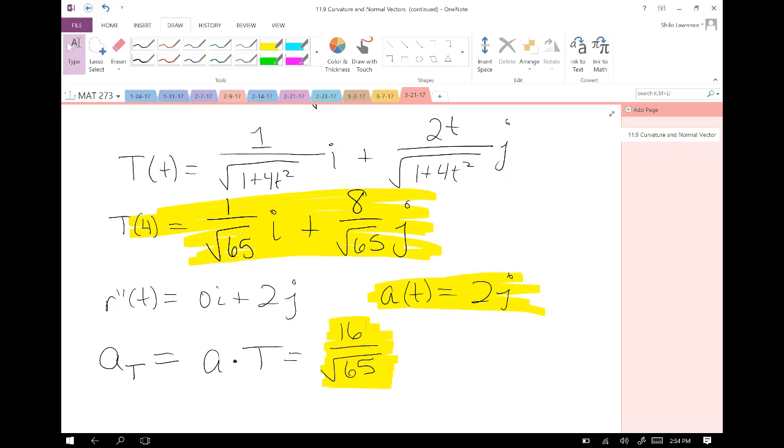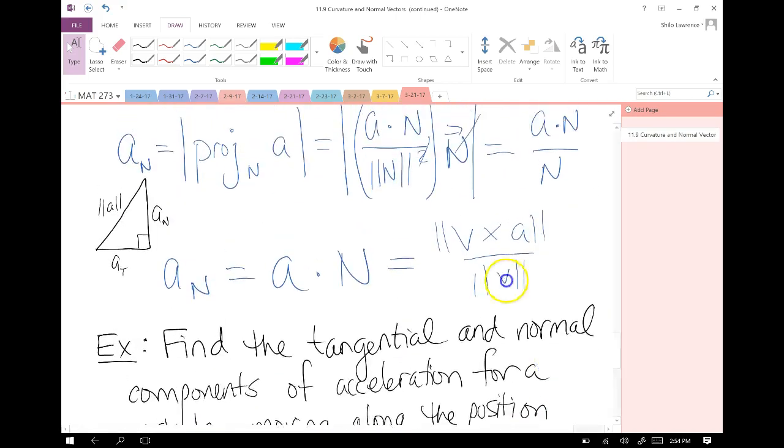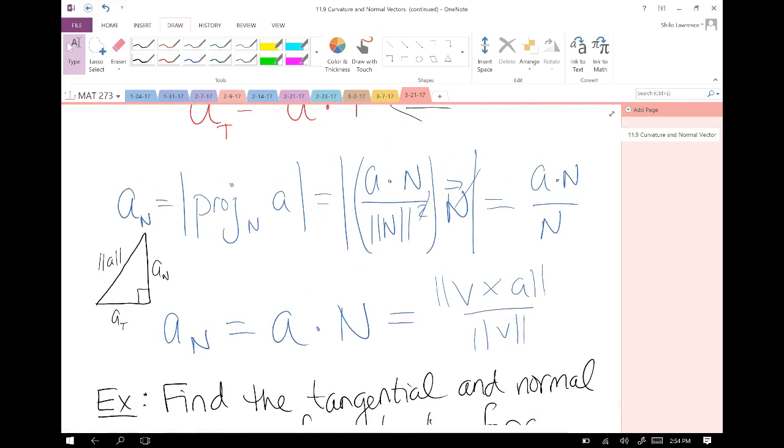So there's 3 options to get to your a sub n. The first option I told you about with the projection is not looking nice. But this one doesn't look too bad. We've already got both of those. We just have to go through the cross product and the magnitudes. And this one's not looking too bad either.